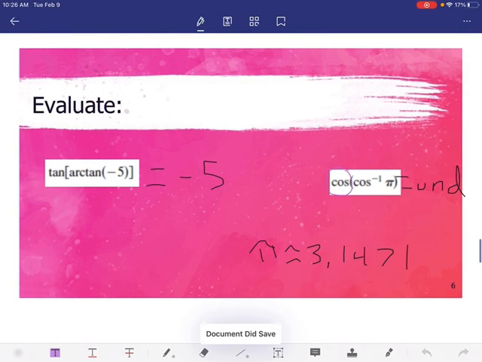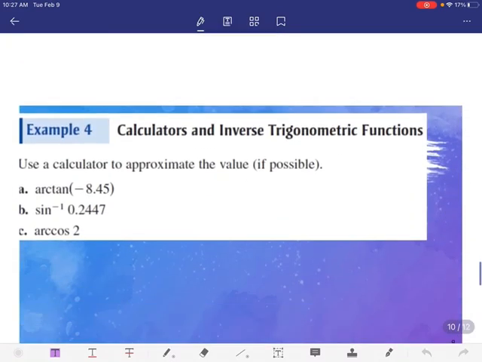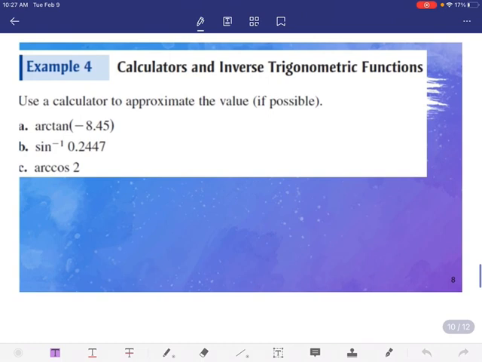Now, the last thing that we need to look at is the whole reason why we use our inverse functions. And that's because we want to be able to use these in different types of examples. Sometimes when we use these in different types of word problems, we're going to end up with things that we need to plug into our calculator.